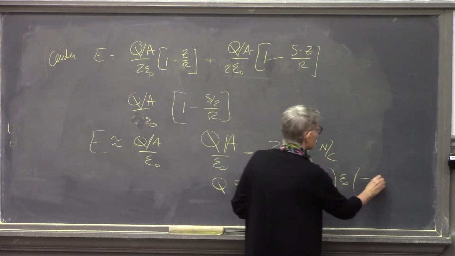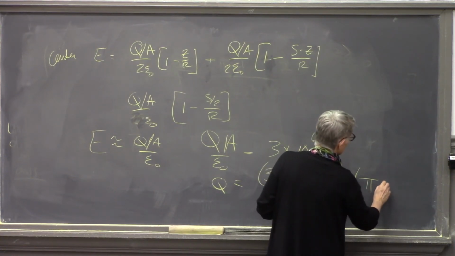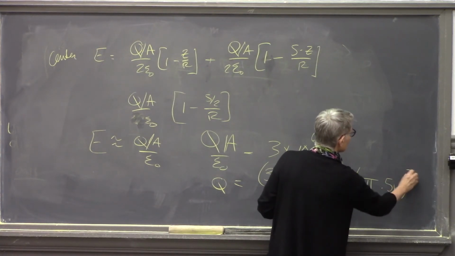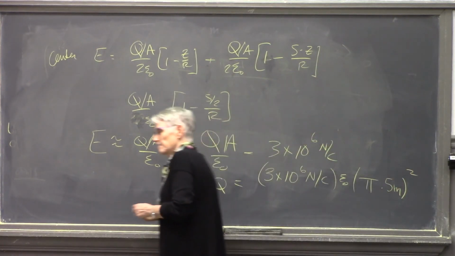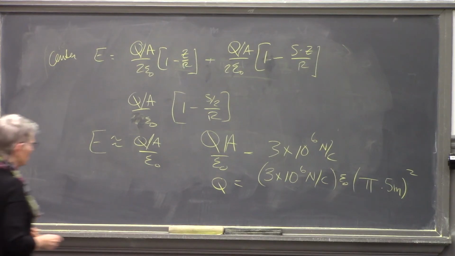Pi times 0.5 meters squared. So what does that come out to anyway? Let's figure it out. You only want to square the 0.5 meters, not the pi. Don't want to square the pi.